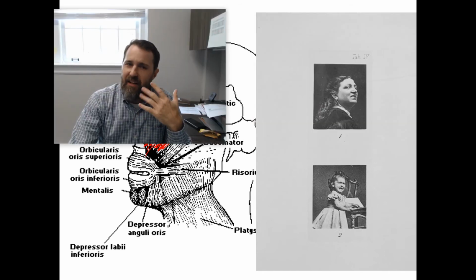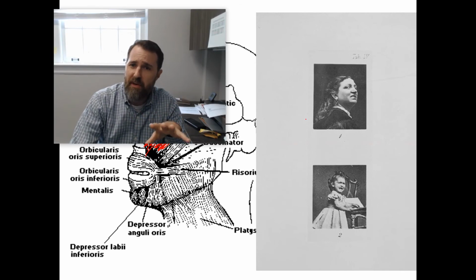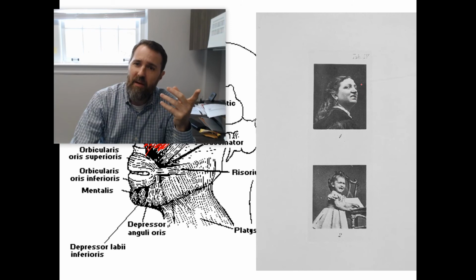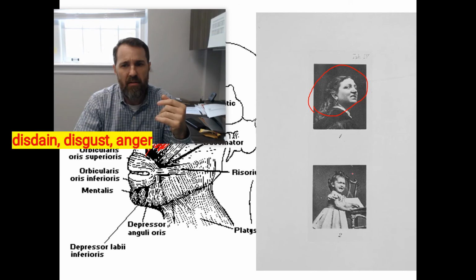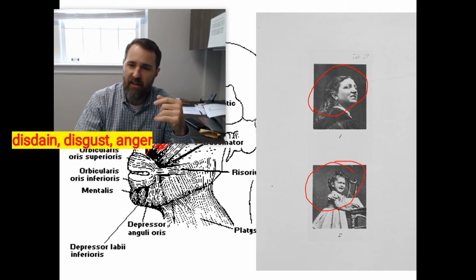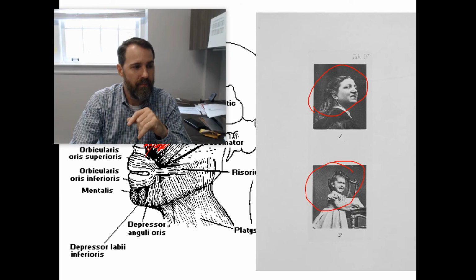And obviously elevating the upper lip is something that you do when you talk, but for facial expression, it comes into play when you are wanting to exhibit a look of disdain or a look of anger. So this is when you curl your lip.